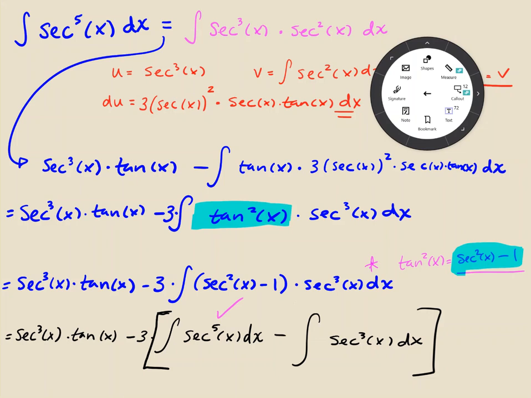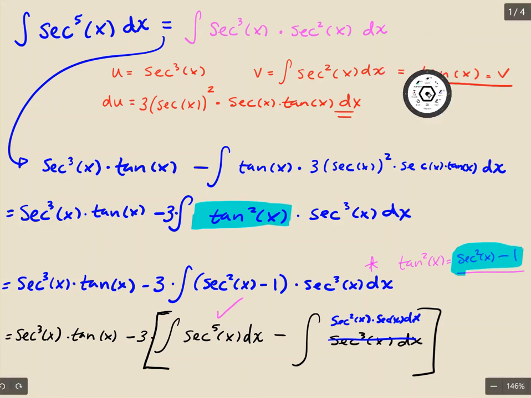And we might want to do a similar manipulation to what we did above. Notice secant cubed could be split into a secant squared times a secant dx. That's how we could rewrite that. And then in this case, this is perfect for integration by parts because this could be our v term that we integrate and get tangent.